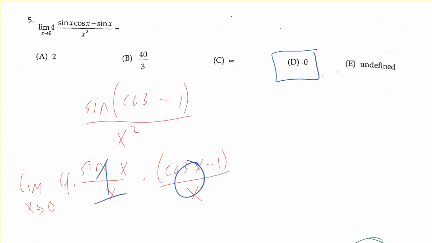So the answer is 0, but you can definitely see how undefined might get hit. The other one's really, I don't know that you could make those mistakes. So sometimes on these problems, it's a matter of narrowing it down, remembering properties. Definitely going to get more practice.